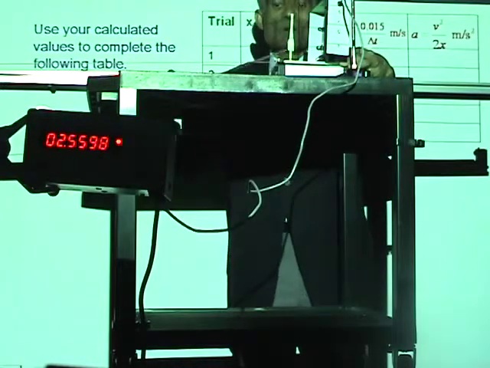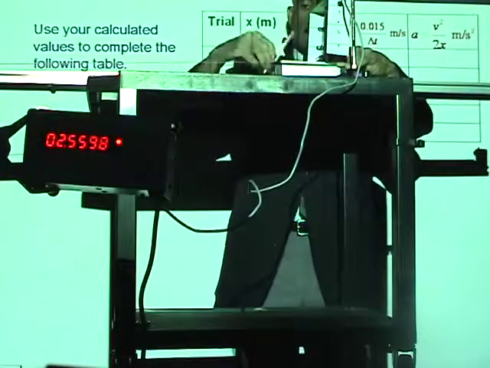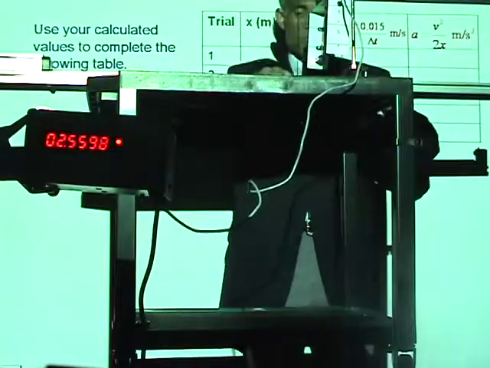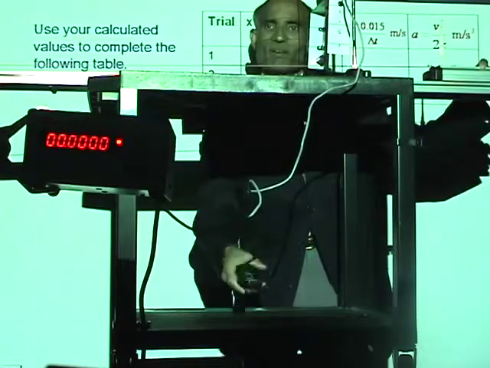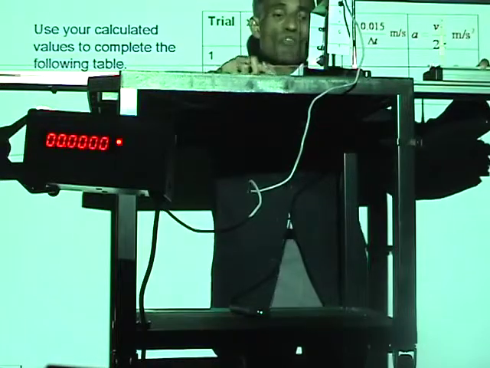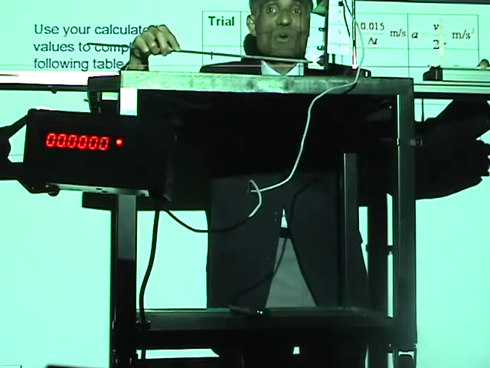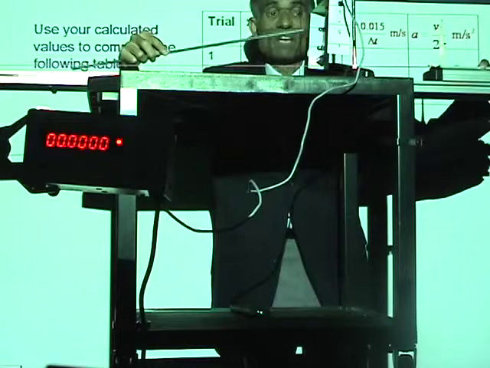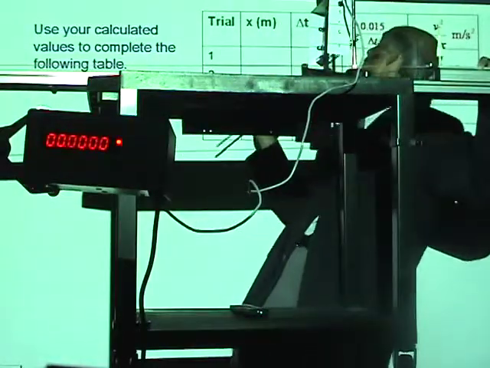Okay, so first of all, I want to go and reset the clock to start the experiment. Okay, give me a second. Alright, I'm going to run the car a distance of 40 centimeter, and when it comes to this point, I'm going to measure the time taken by the car to cross this gate, so that I can calculate its velocity using this equation.